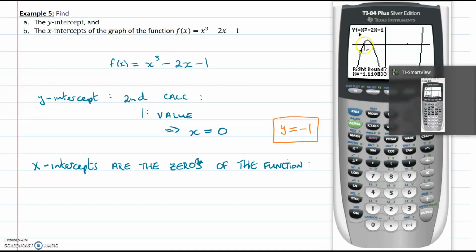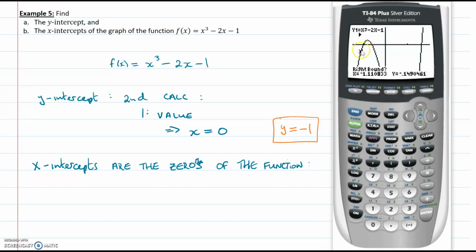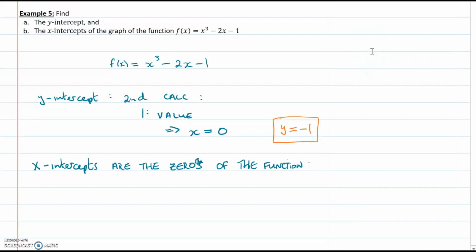And then again, now you want to move to the right-hand side of it. It's just there. We press enter a couple of times, that's -1. So our first x-intercept, or the zero, is -1. So x equals -1. That's our first one.